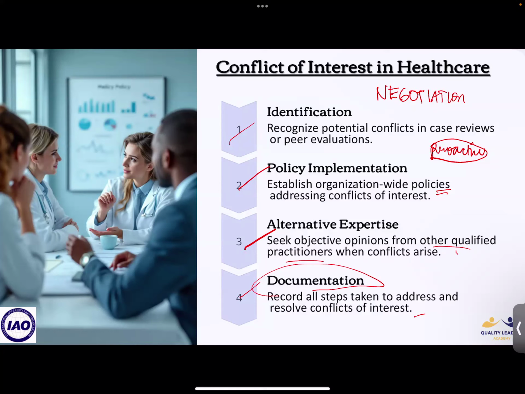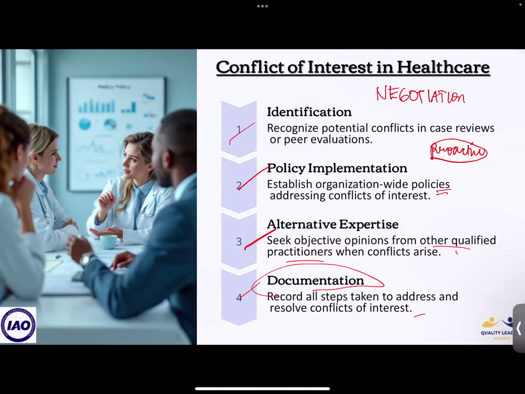So that is the sense of being proactive. At least we know where we stand and how to adjust and address any conflicts that may arise in the future.